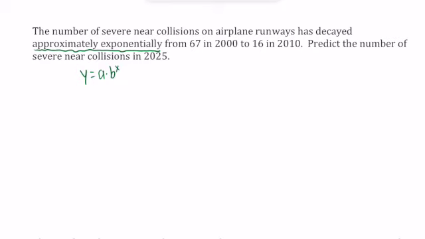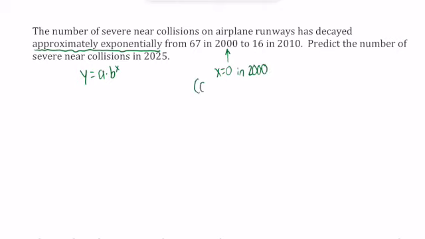From 67 in the year 2000 to 16 in the year 2010, predict the number of severe near collisions in 2025. So here we're going to take our first year and let that be our starting year. We're going to say x is equal to 0 in the year 2000.